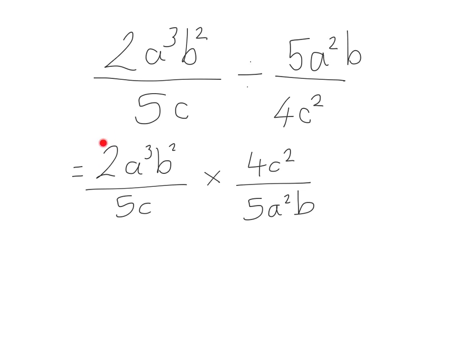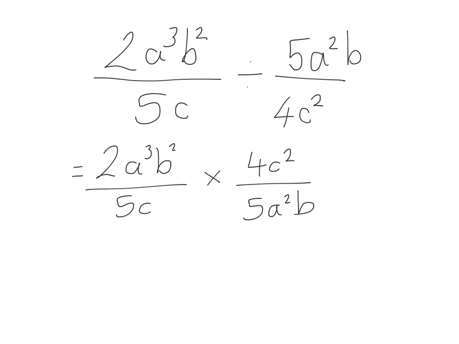So let's look. 2 and 5. Can something divide both of those? No. Let's look at our letters now: a cubed b squared and a squared b. a cubed means a times a times a, and a squared means a times a.